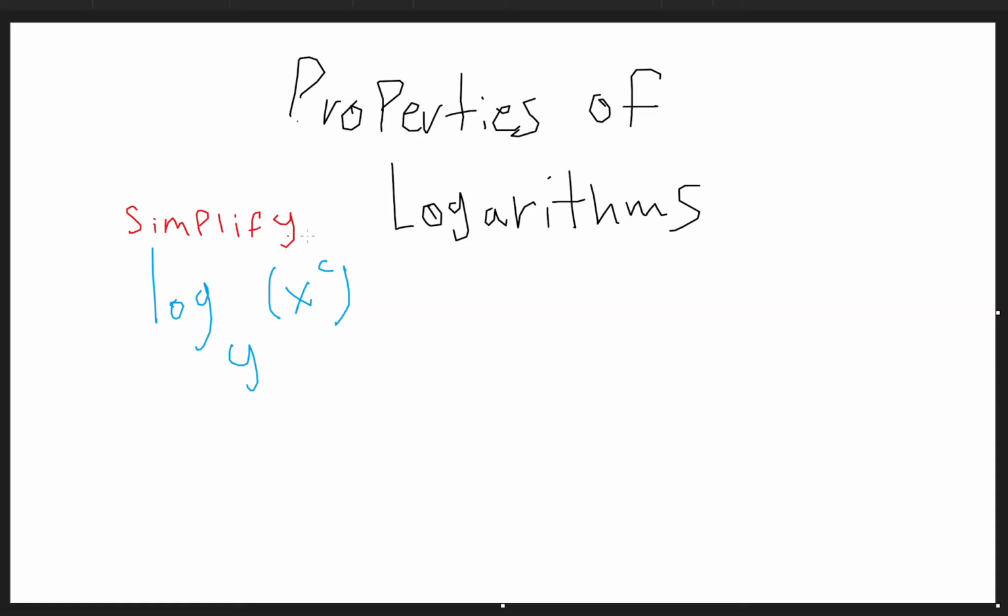I'm sure you've heard this term a lot throughout your maths academic journey. Simplify has a lot of meanings to it. So this brings us to our property. If we have log to the base of something, and this argument has an exponent, then it gets moved to the front and multiplied. So this is literally the same thing as c times log base y of x.